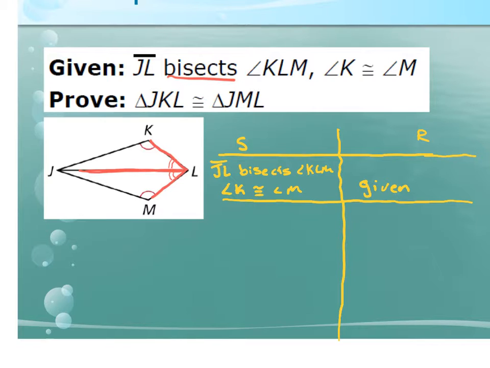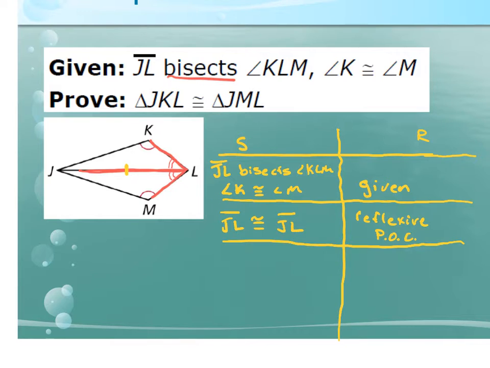Segment JL is congruent to segment JL. That's this right there. Why? Reflexive property. Property of congruence. It means that line is congruent to itself.